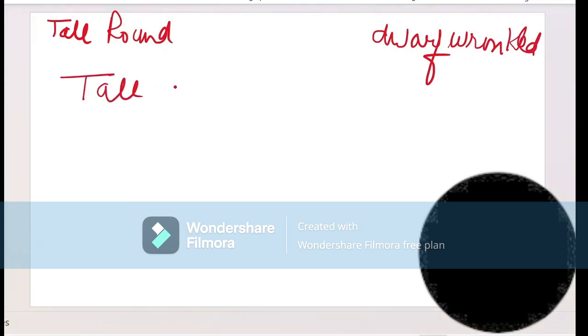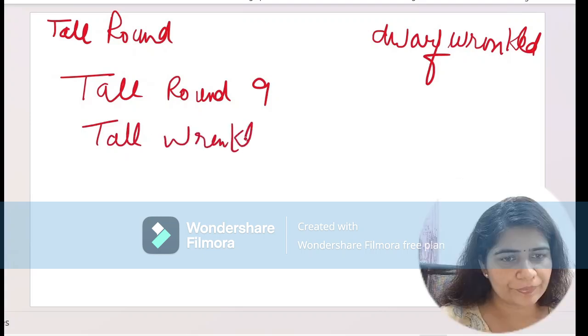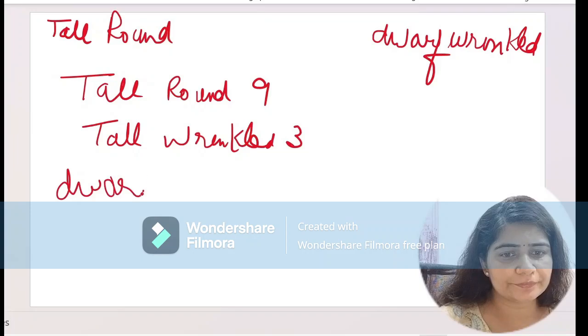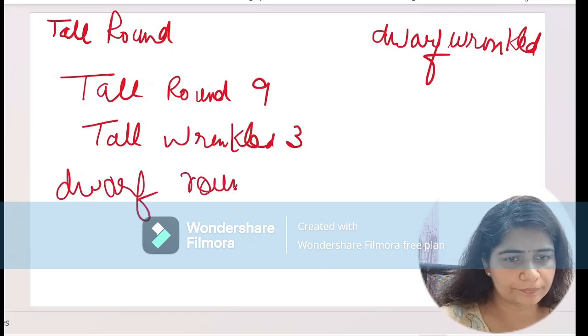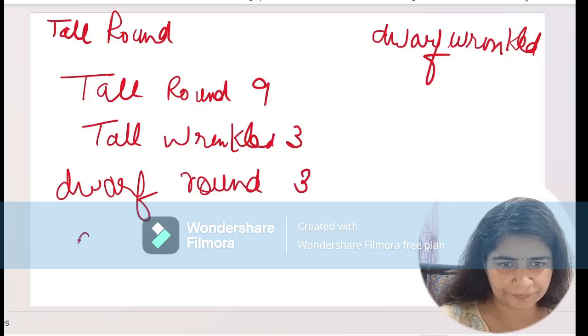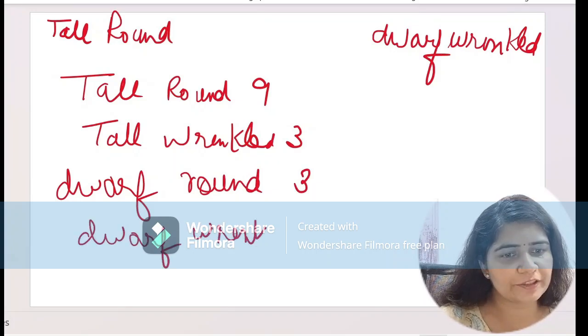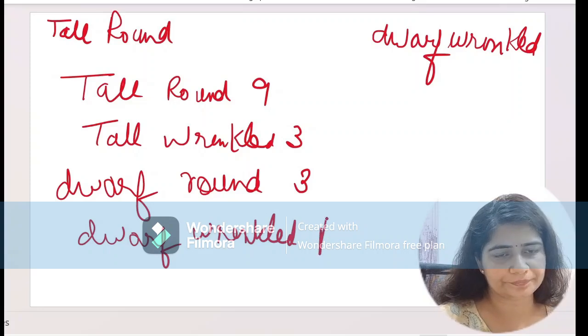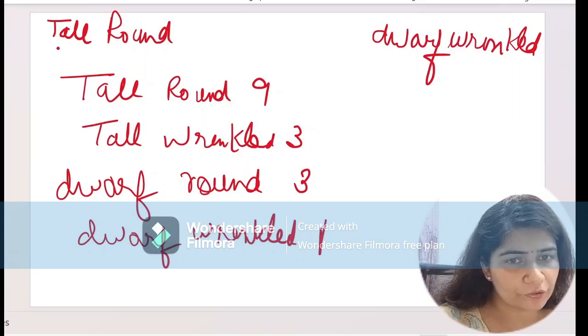It will be tall. टॉल को हम कैसे लिखेंगे? टॉल राउंड. अगर ऐसा होगा तो इसकी F2 प्रोजनी क्या होगी? टॉल राउंड 9, टॉल रिंकल्ड वो क्या हो जाएंगे? 3, क्योंकि ये न्यू कॉम्बिनेशन है, वन फ्रॉम वन पेरेंट अदर वन फ्रॉम अदर वन. ड्वार्फ और राउंड क्या हो जाएंगे? 3. और जो होमोजाइगस रेसेसिव है, दोनों के रेसेसिव ड्वार्फ एंड रिंकल्ड, इट विल बिकम 1.